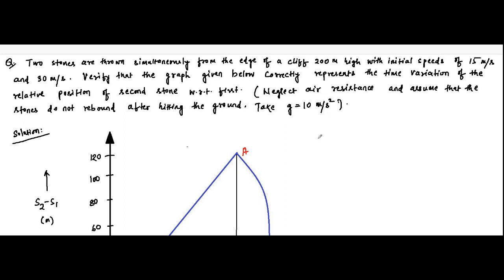So let us first consider stone 1, the first stone. Now before going into that, first we must understand something. The position of the stone, we can represent using the equation s = ut + 1/2 at square.